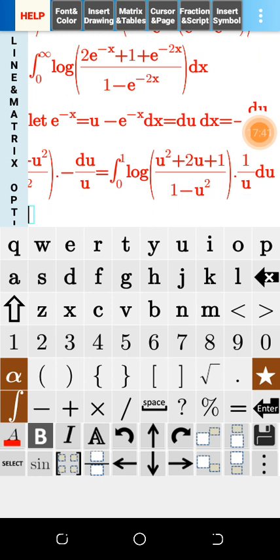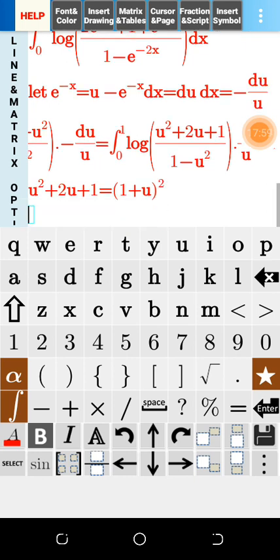Don't forget that u squared + 2u + 1 is equal to (1 + u) squared, and that 1 minus u squared is equal to (1 + u) multiplied by (1 - u). So we apply this into the u squared + 2u + 1 over 1 minus u squared.